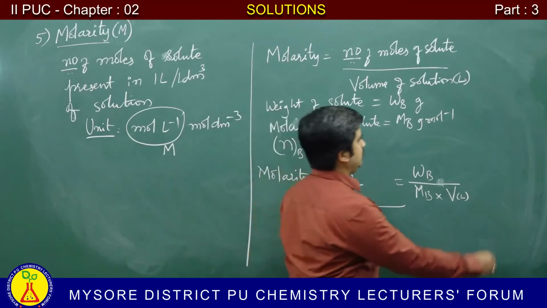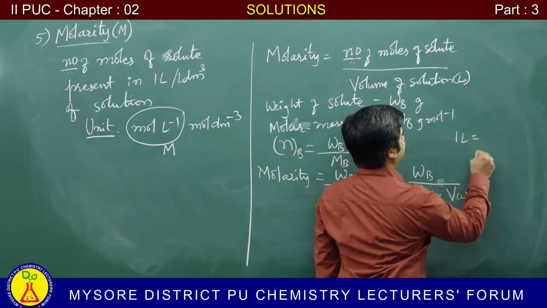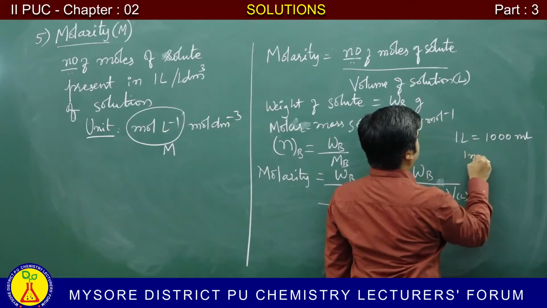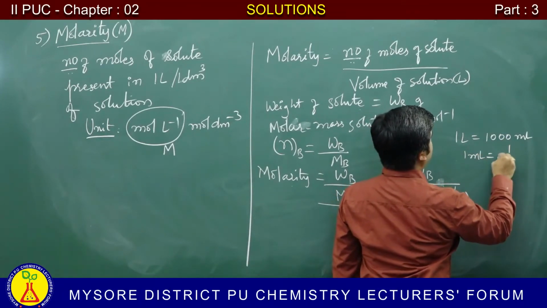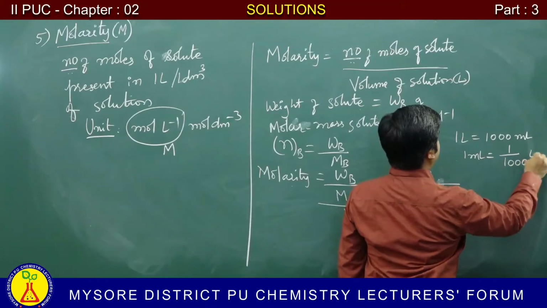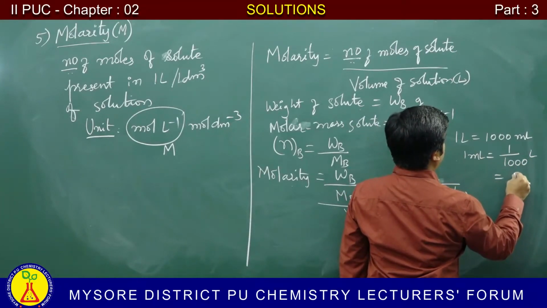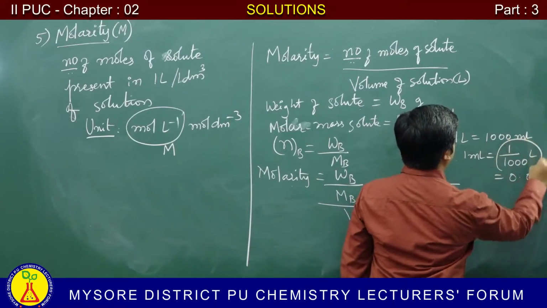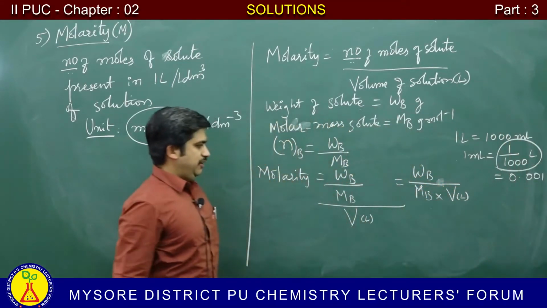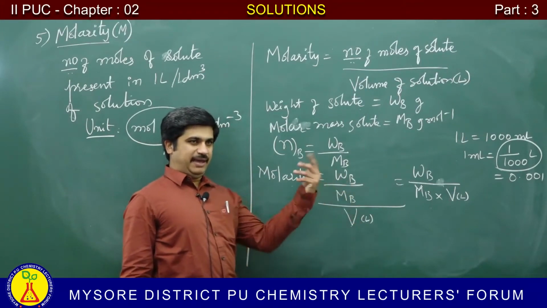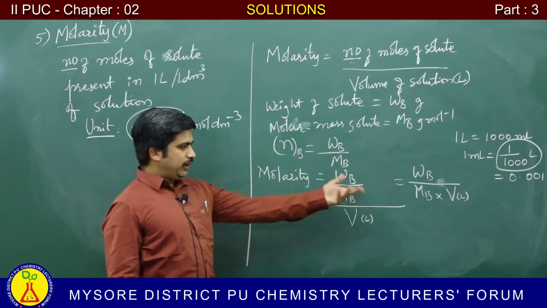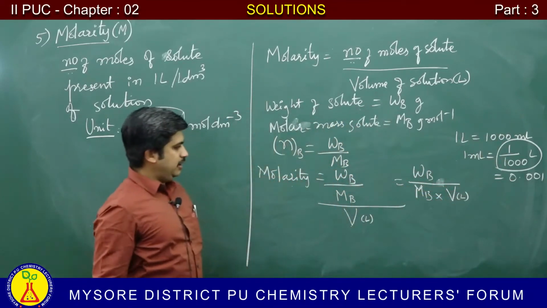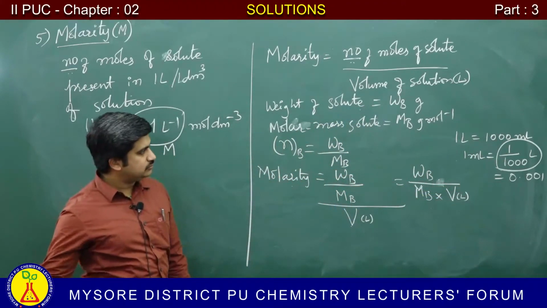Because 1 liter is equal to 1000 ml, or 1 ml is equal to 1 by 1000 liter, or 0.001 liter. So if we have volume expressed in ml, say around 10 ml, how do you convert it into liters? 10 divided by 1000.